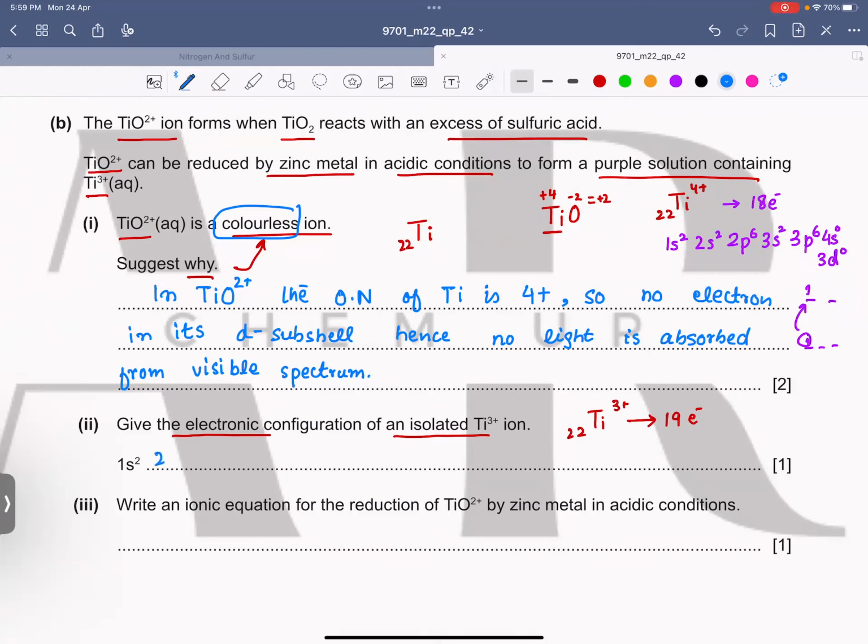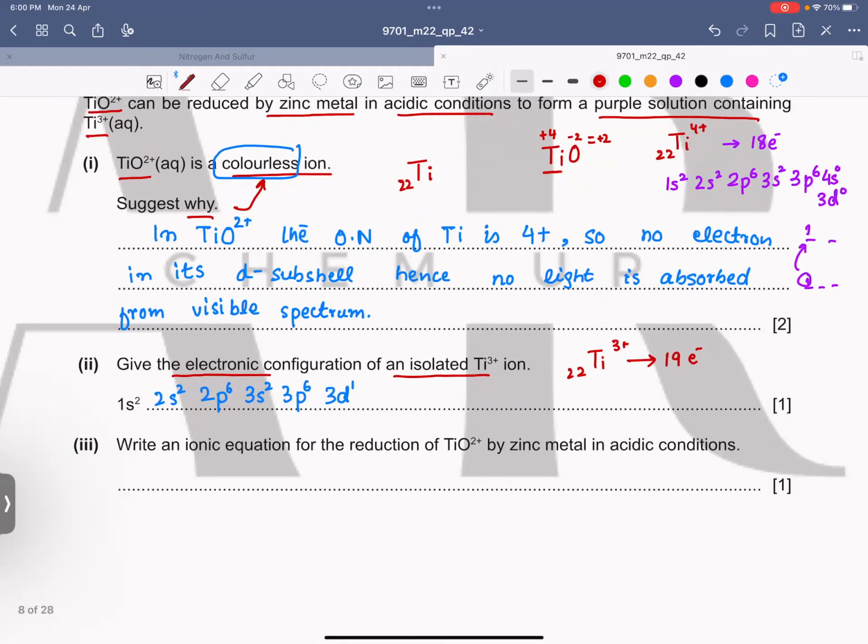So 1s2, 2s2, 2p6, 10 electrons, then 3s2, 12, then 3p6, 18 electrons, and then we have 3d1, because first the electrons are removed from 4s, then from 3d. So there must be one electron in 3d when titanium has an oxidation number of 3 positive, right?